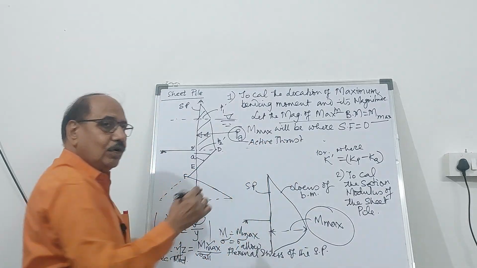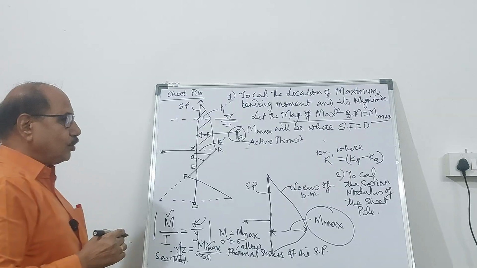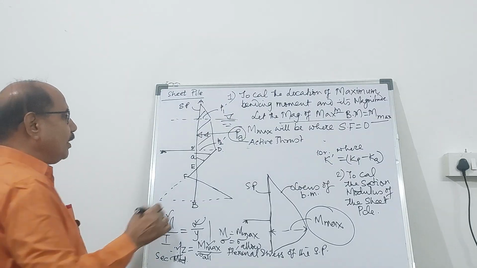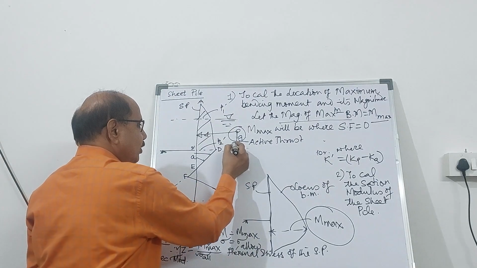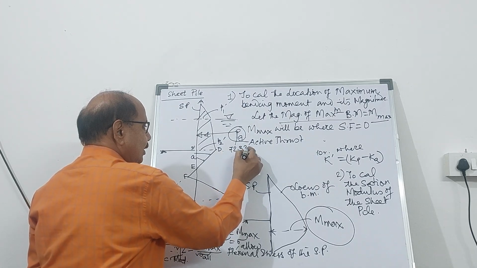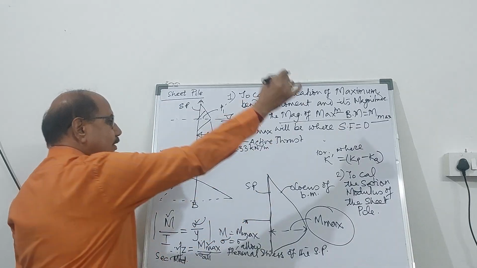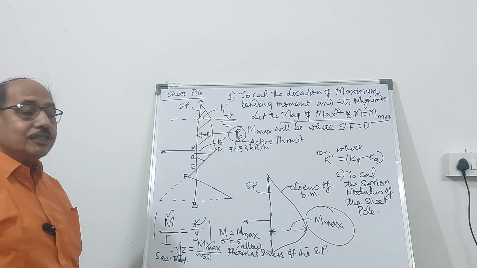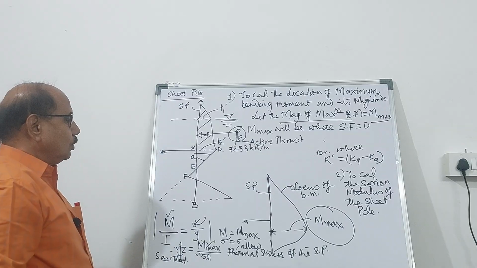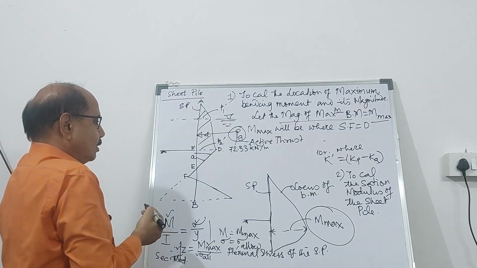In the last video also, we have been able to calculate this magnitude of PA. And if you remember, you can see the last video, it was 72.33 kilonewton per meter length of the sheet pile. So you know the magnitude of this.